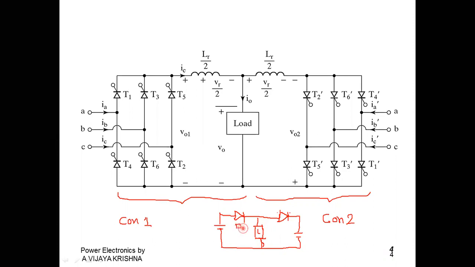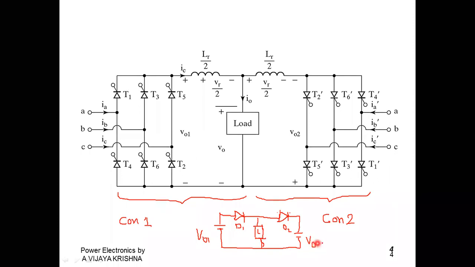That is circuit 1, having the switches, diode D1 and dual converter 1, dual converter 2, not a diode. This is the V01 value. V01 means the average output voltage we get from the converter 1 circuit, and this is the V02 value.